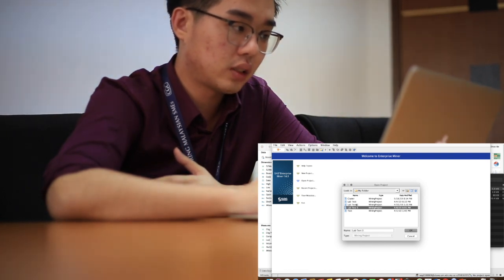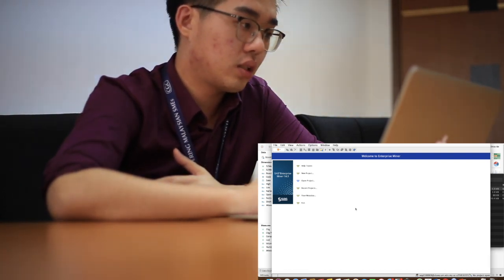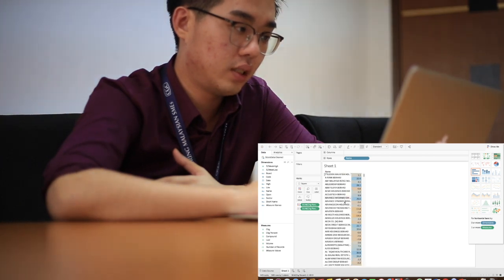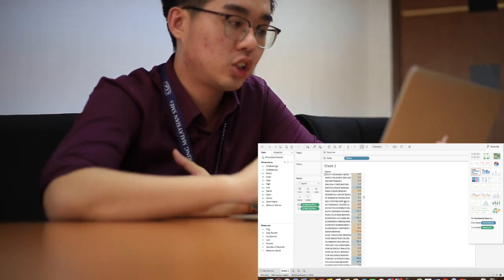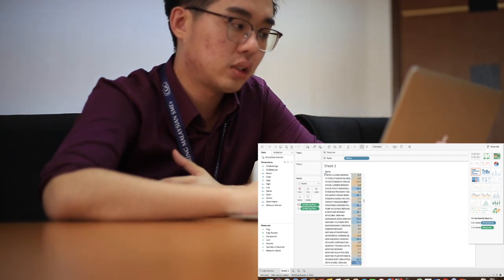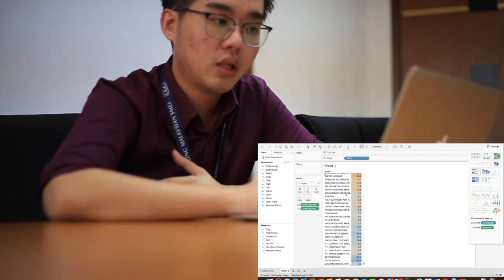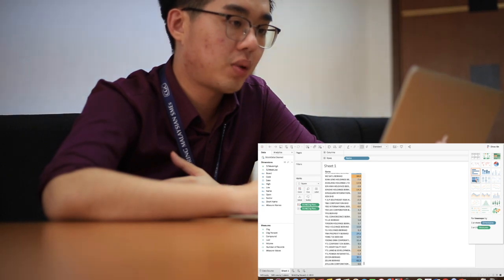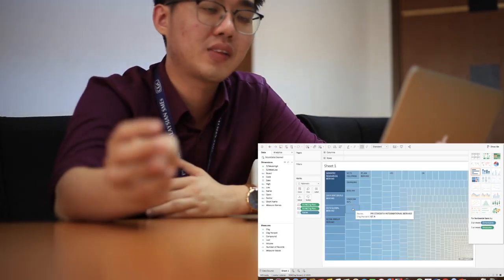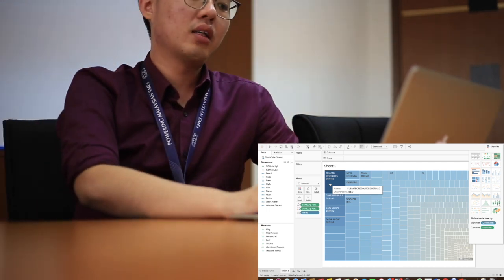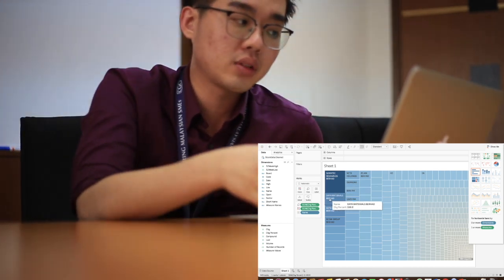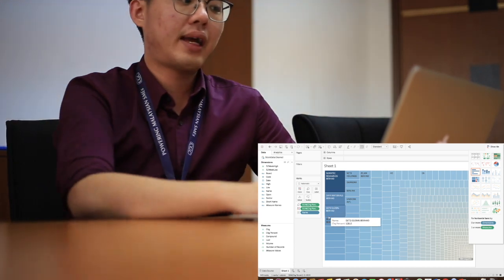Now we're going to look at Tableau. Tableau checks the percentage price change. This is all the stocks listed in KRSE. From the visualization we can see that Sumatec Resources has the highest change, which is 266%. The second highest change is Daya Materials Berhad, and the third is Gets Global.